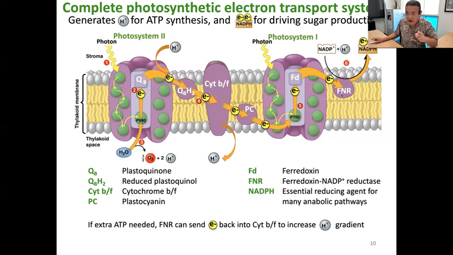So this FNR enzyme, rather than filling this electron carrying basket up here to send those electrons away somewhere else, if needed, can actually feed those electrons back into the cytochrome BF part of this pathway in order to encourage more protons to be pumped, so that the ATPase proteins that rely upon the protons have plenty of protons to be able to drive ATP production.